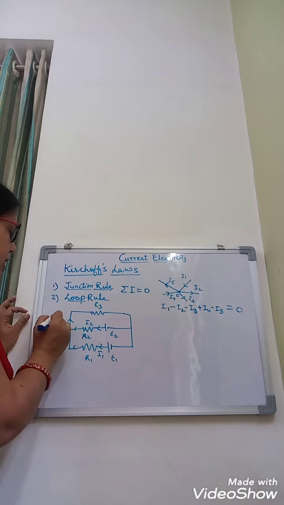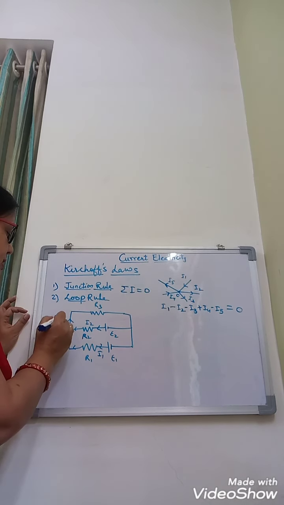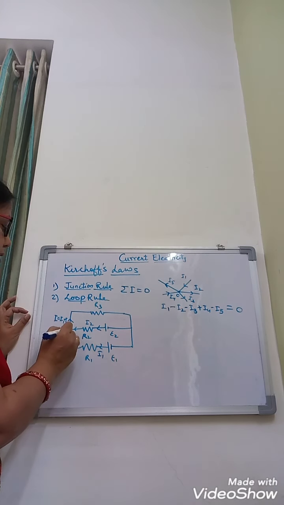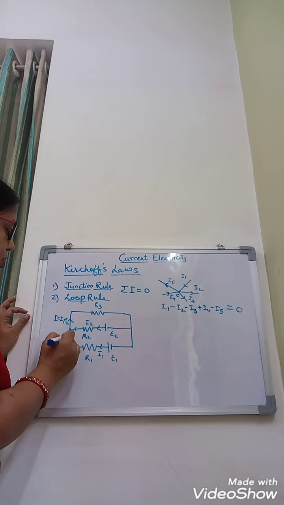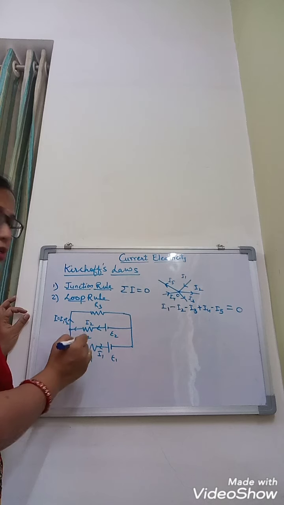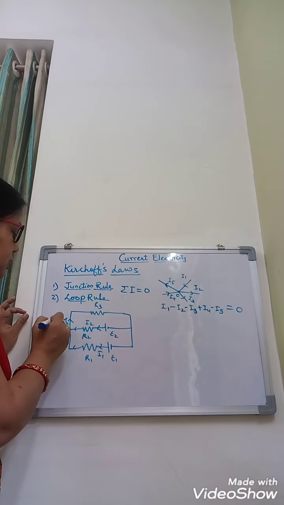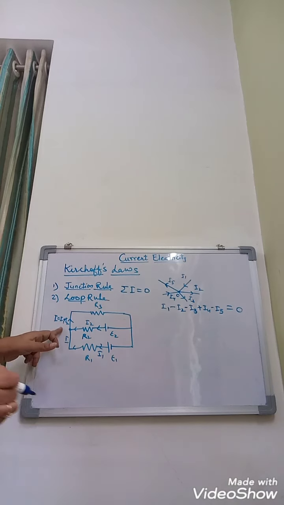So these two currents are producing the current I, and we can write I is equal to I1 plus I2, because at this junction the total current is I, which is equal to the addition of I1 and I2. So I1, I2 are incoming and I is outgoing. So I is equal to I1 plus I2. In this way we can write the equation at this point.